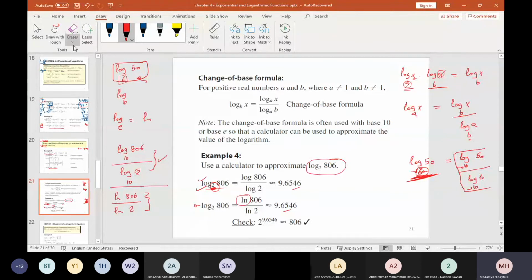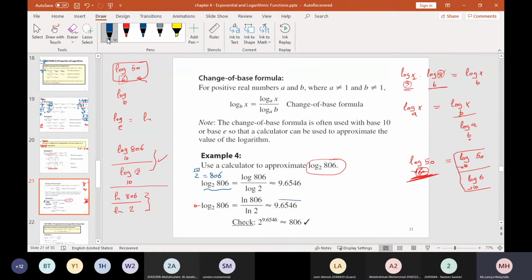If you want to make sure that your solution is correct, how do you do this? What is the meaning of this? That means we need the power to which we raise 2 to get 806, correct? So the meaning of this one is: 2 to what power will give you 806, and we found the power.